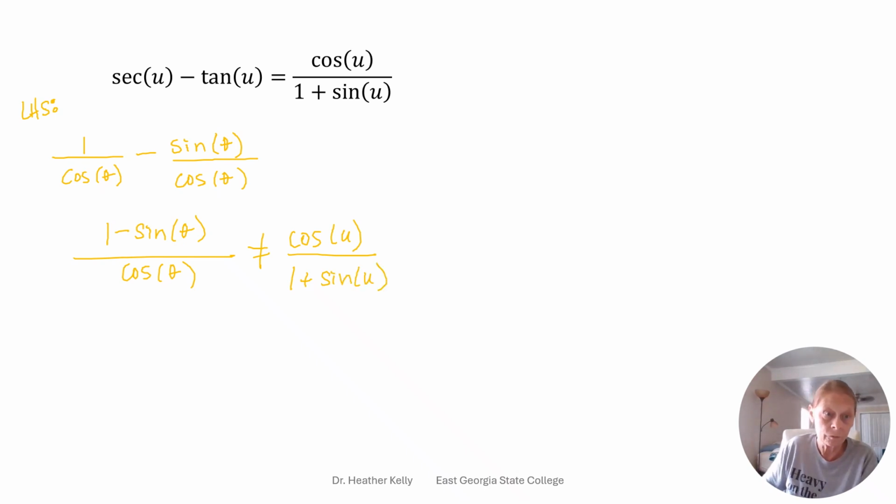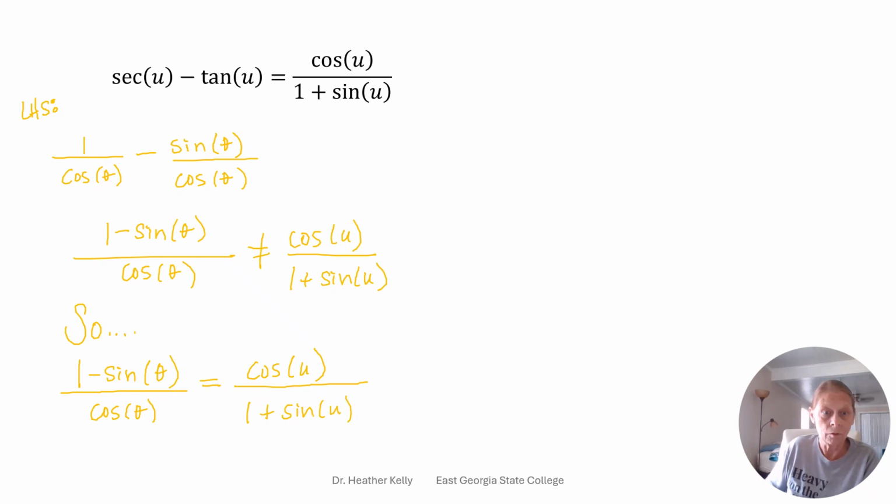So we're going to take our 1 minus sine theta over cosine theta and set it equal to the cosine u over 1 plus sine u. And then we're going to cross multiply.